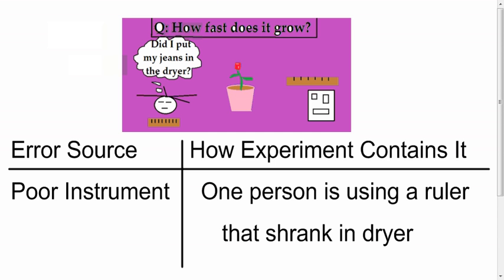You can see this is the good ruler, and the ticks are so spread out. Over here, they're closer together because they've been shrunk down by the dryer. So that's how this experiment contains that error source.